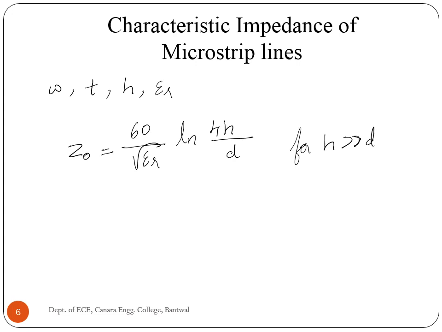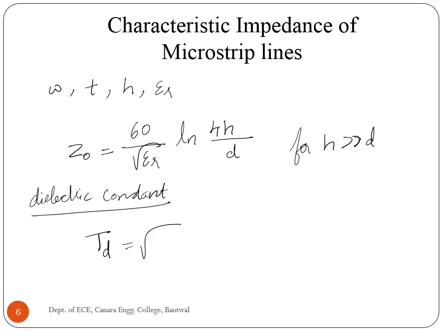Effective dielectric constant. For a homogeneous dielectric medium, the propagation delay time per unit length is root of product of permeability and permittivity of the medium.